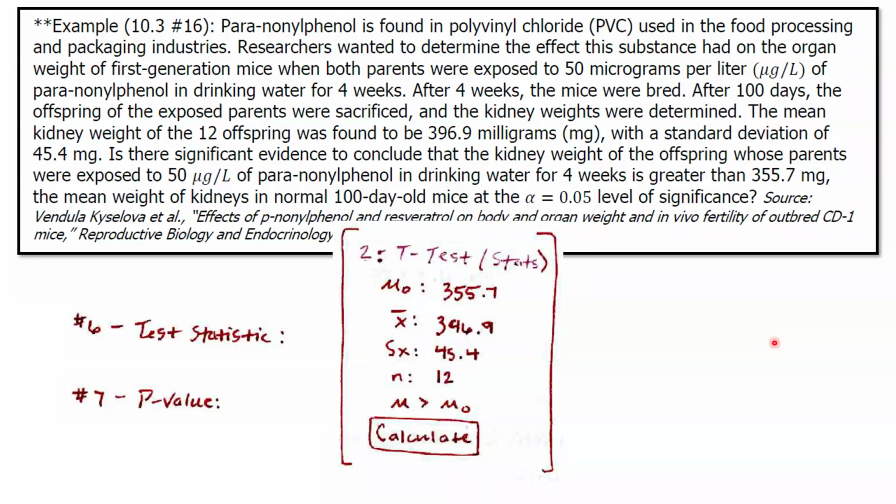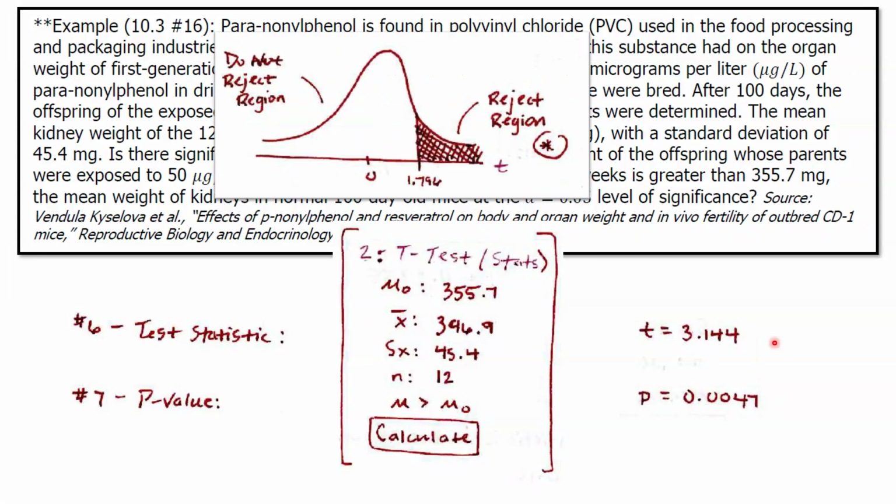Our standard deviation is 45.4, and our sample is 12. And we're testing whether mu is greater than mu naught. So once you click calculate, you should get a test statistic of 3.144 and a p-value of 0.0047. So going back to our image in step 5, we would see that our test statistic falls into the reject region.